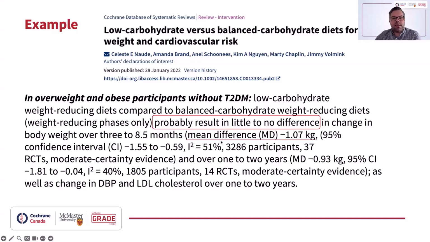And this is based on that mean difference of 1.07 kilograms less in the intervention group. And here you see that the effect that is trivial or little to no difference is based on a threshold for a minimally important effect or a small important reduction.